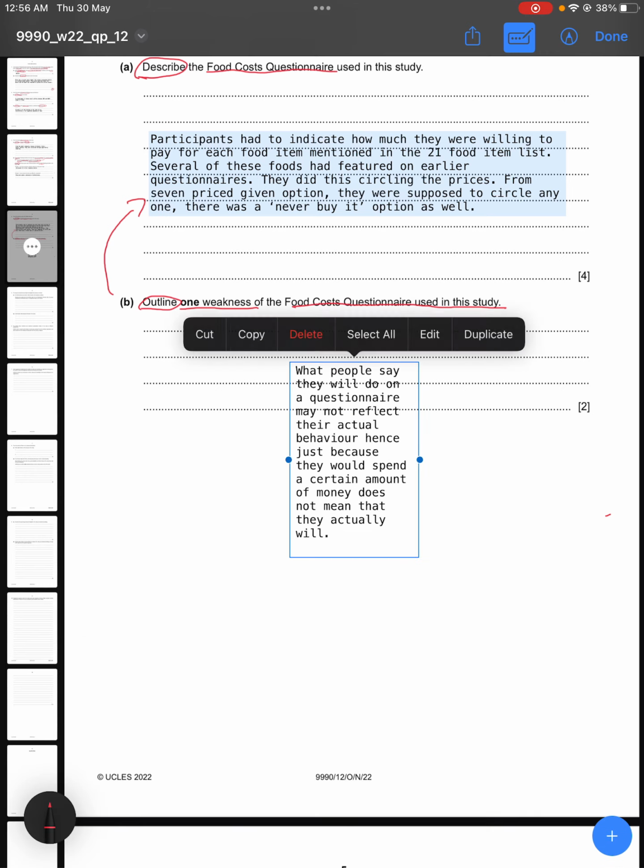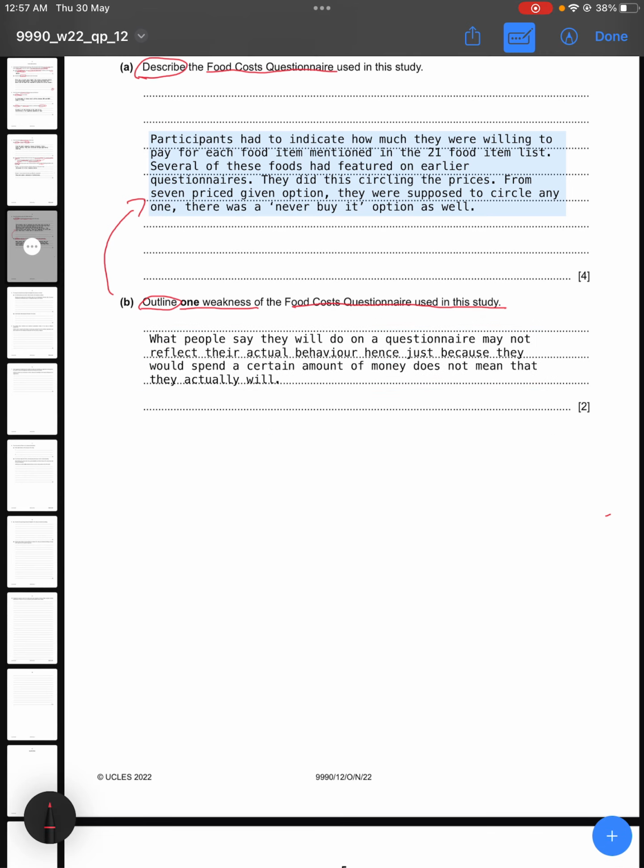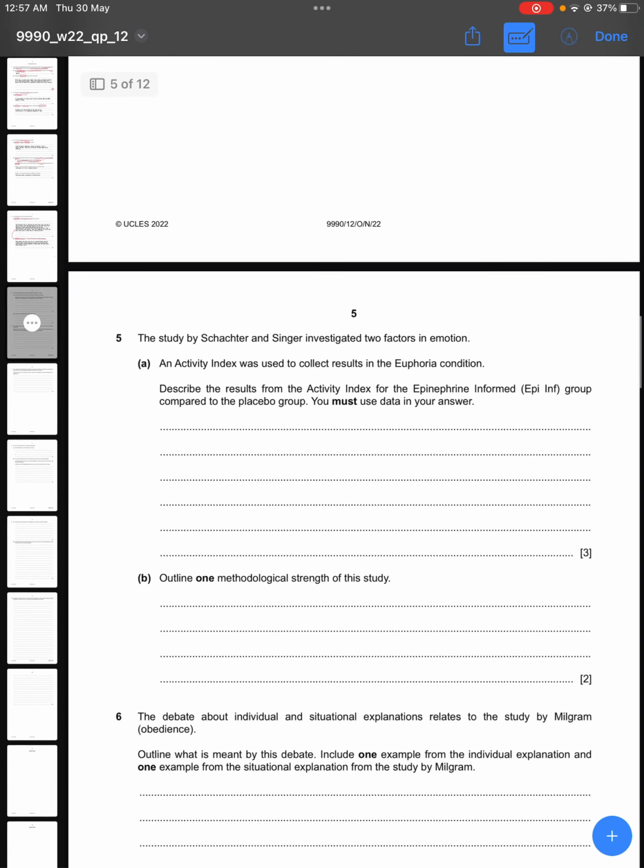Just because they are saying that they are willing to pay a certain amount of money on a particular food item, it does not mean that they're actually going to pay that. So basically, social desirability can occur. It's not necessary that what the participants say they would do in a questionnaire, they would do in real life. So there is a chance that the results might not be valid.